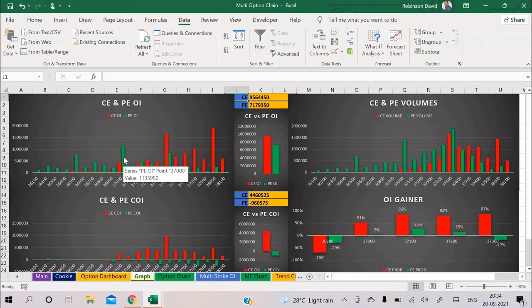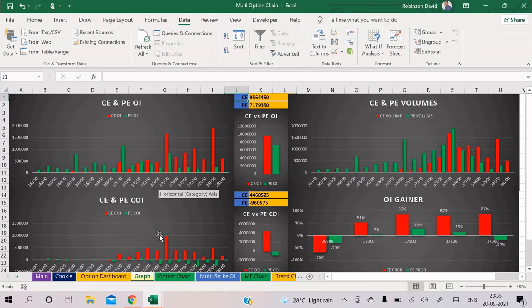So it's not necessary that we may break this level tomorrow itself. We can consider 37,000 as a support for now. So the take from both the data is definitely FIIs are bearish, pros are also bearish, and tomorrow if the market opens flat or if we see a small dip, there is a possibility that they may cover all their shorts and bring in an intraday rally, or maybe they can move the market sideways.